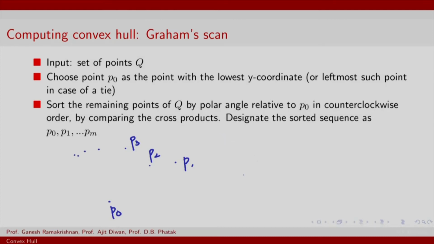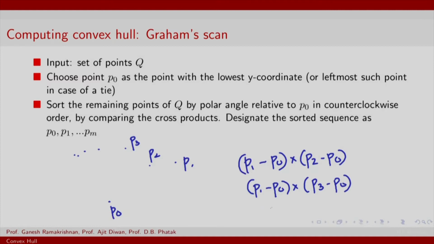What we are going to do is compare cross products, which is P1 with the smallest x coordinate minus P0 cross product with P2 minus P0, P1 minus P0 cross product with P3 minus P0 and so on.